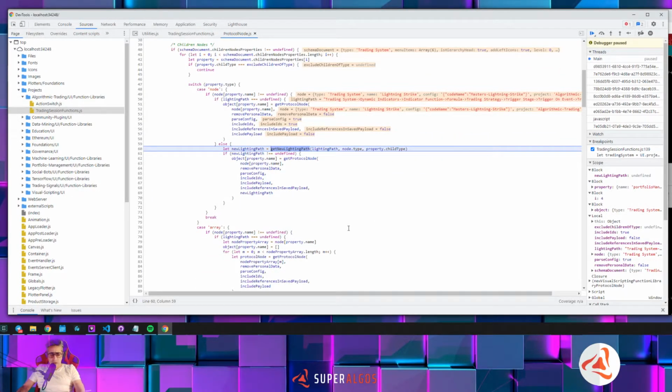So the new lighting path is going to be undefined.